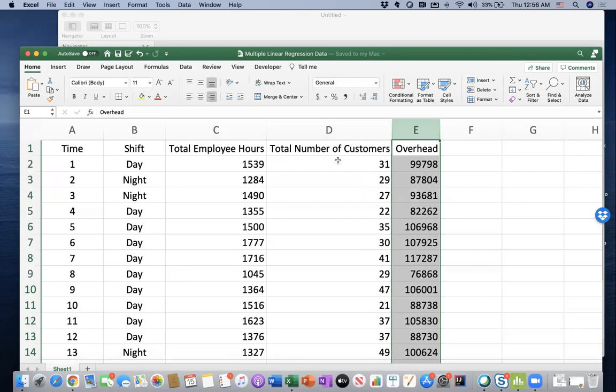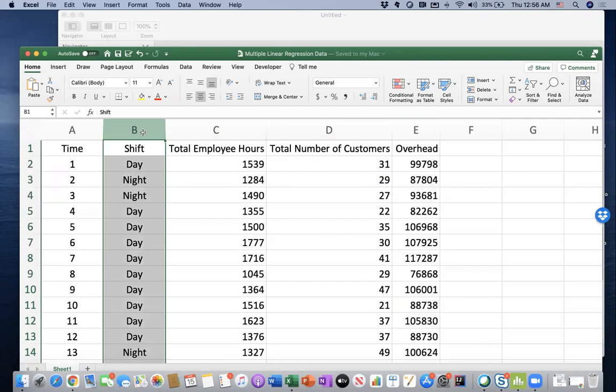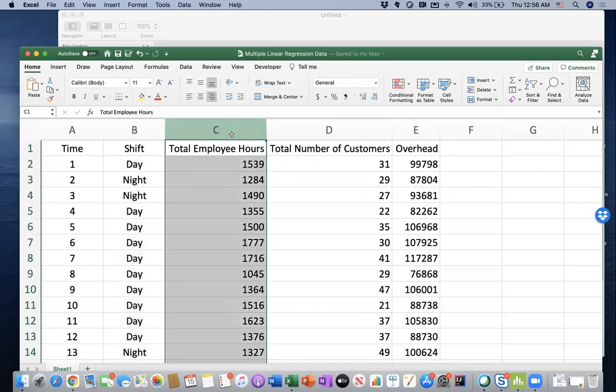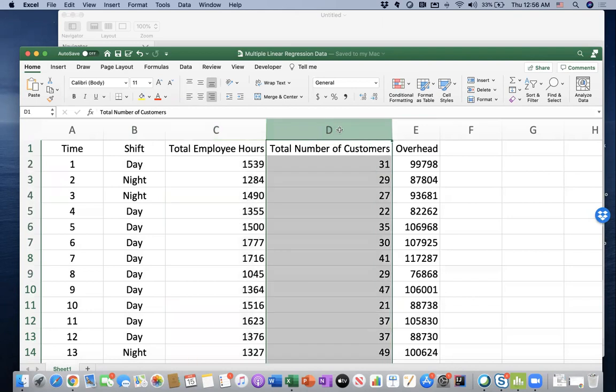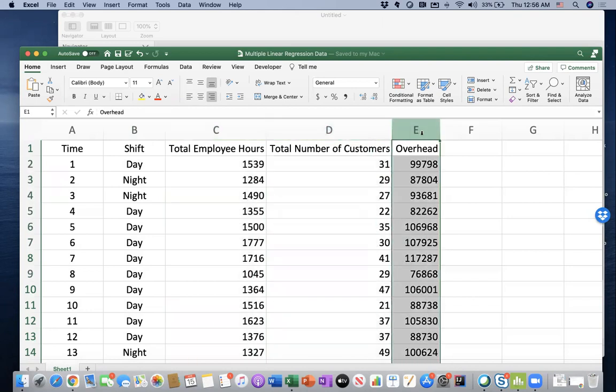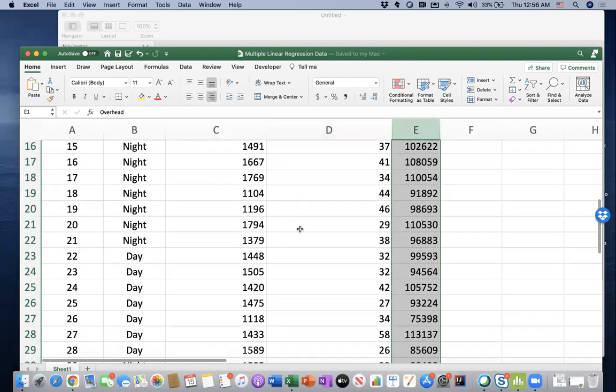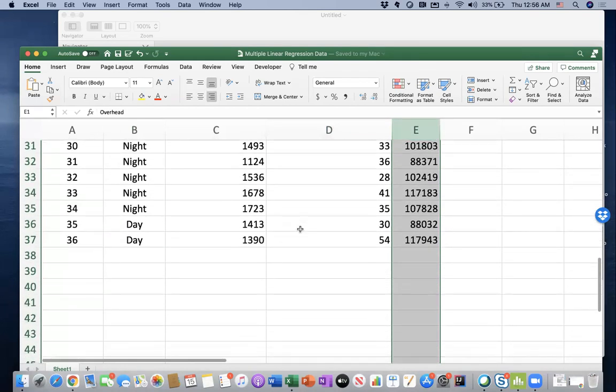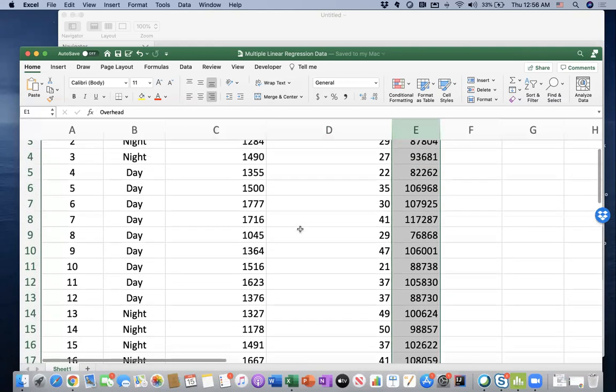So our process input variables in this exercise are which shift of the day, like it is a night shift or day shift, and the total employee hours the company put in to serve these many customers, and eventually they observed this much overhead, right?